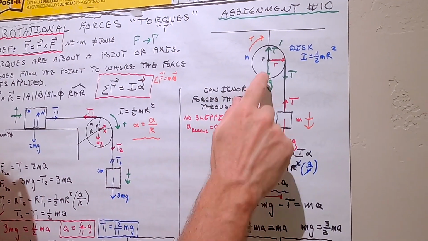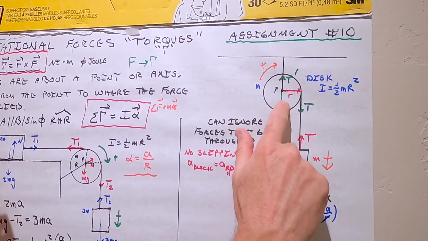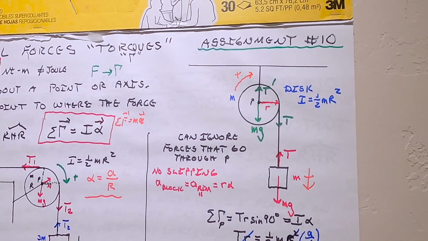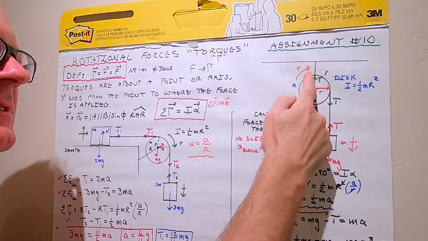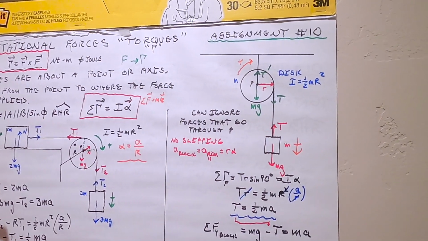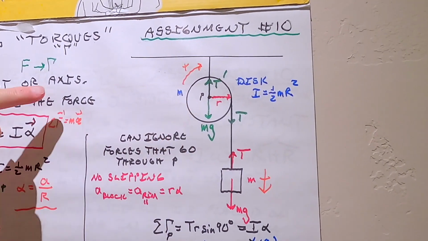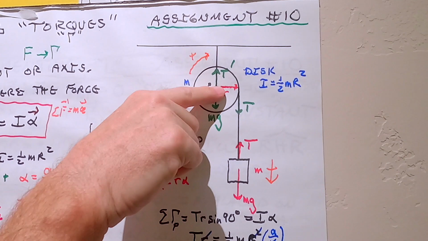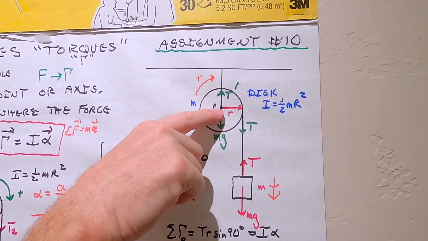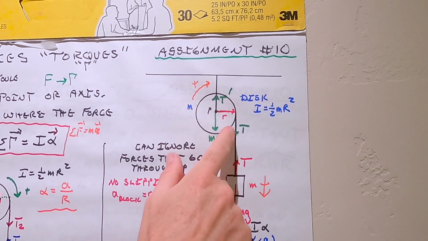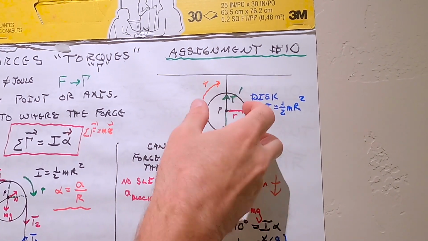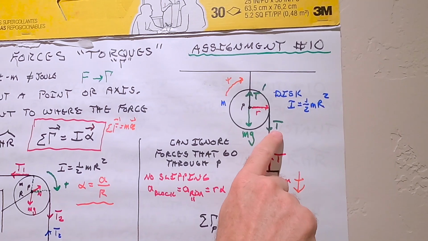Now, you'll notice any force that goes through that point, I can ignore, because the distance from this force to that point is 0. So any force that's pointing toward that point P, I can ignore. So the only thing causing this to rotate is the tension.